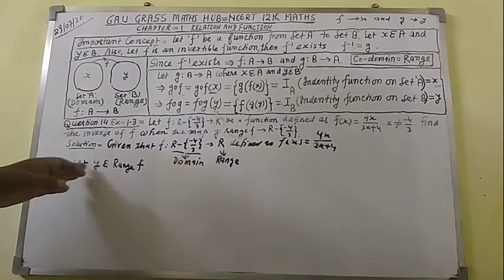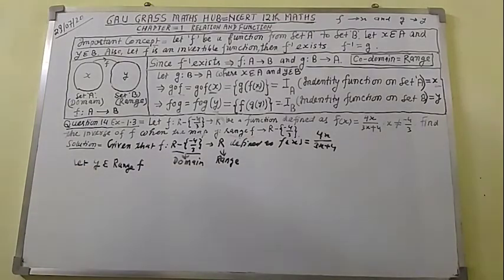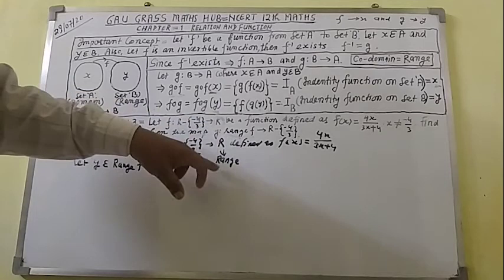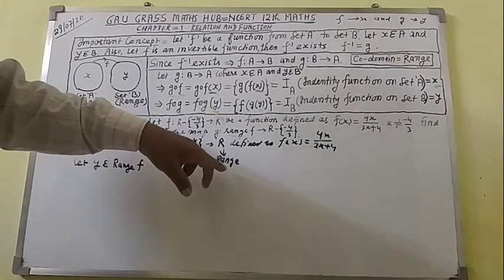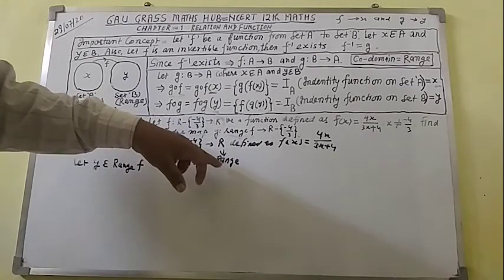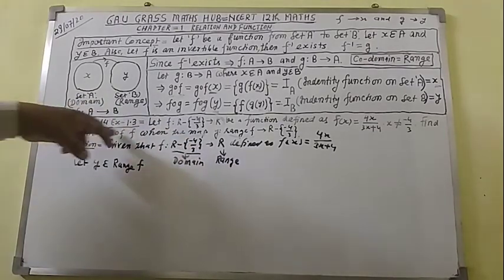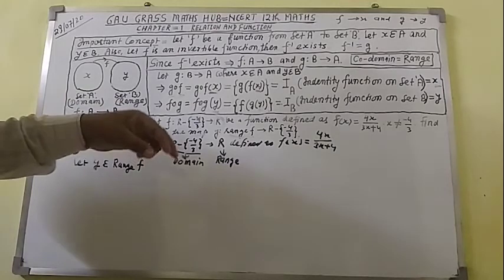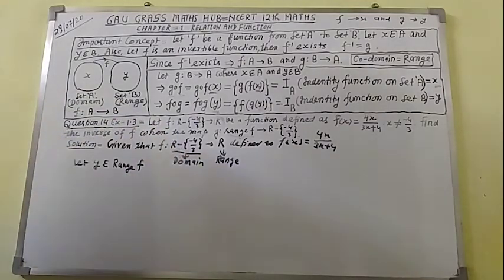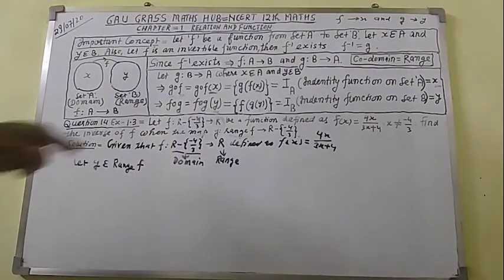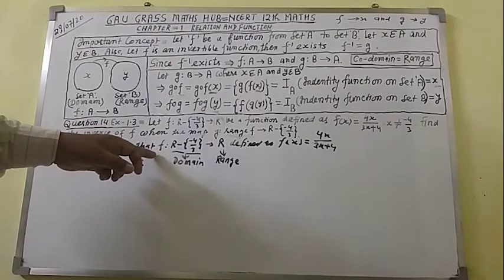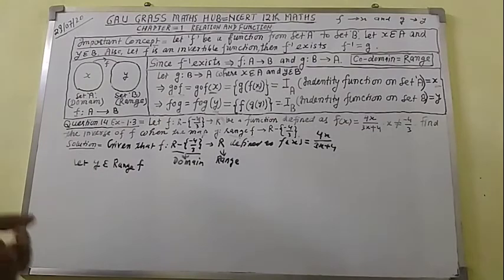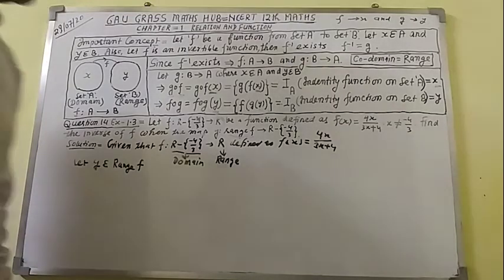So let y. Why let? Because here this is a range. This was the codomain. Codomain has been converted into range because here f inverse exists. In order for f inverse to exist, this function will be one-one and onto, and that function will be an invertible function.